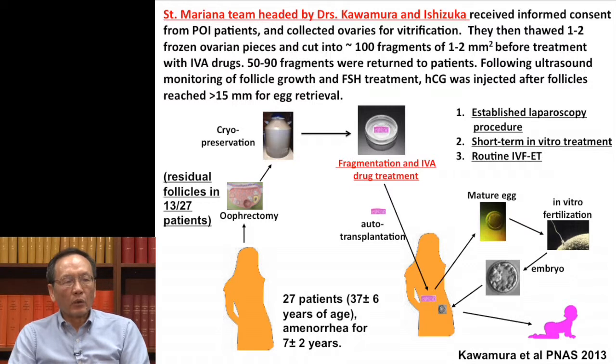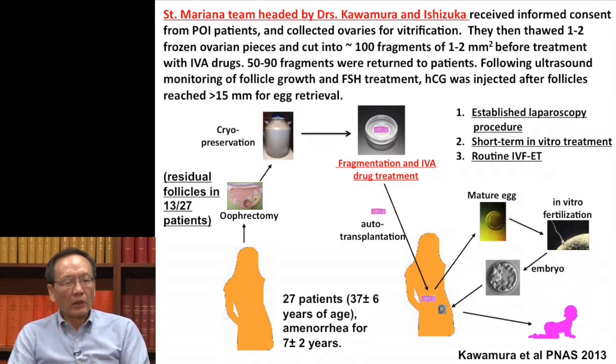This is done together with the San Marianna team headed by Dr. Kawamura and Ishizuka. And on the left-hand corner, you can see 27 patients. They are only 37 years of age, and they already have 7 years of no menstrual cycle, already reached menopause.